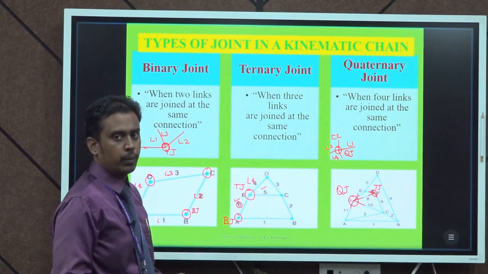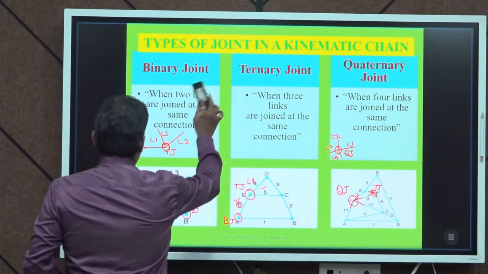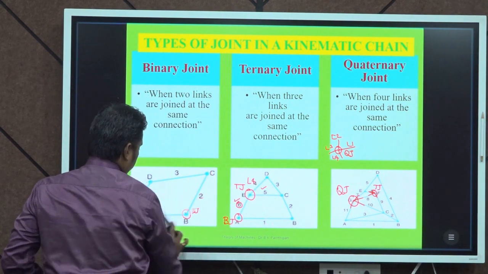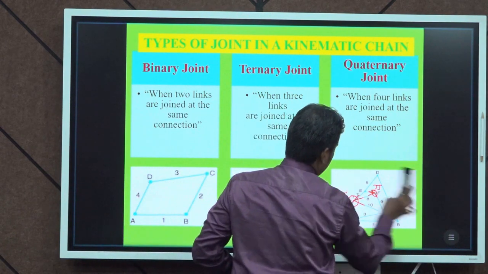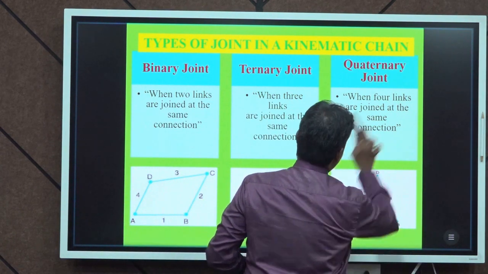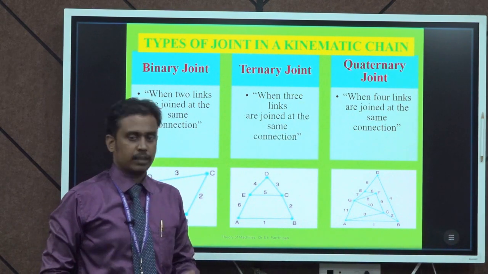So, now we have come across the various types of joint in kinematic chains. Binary joint is connected by means of 2 links, ternary joint by 3 links, quaternary joint by means of 4 links.